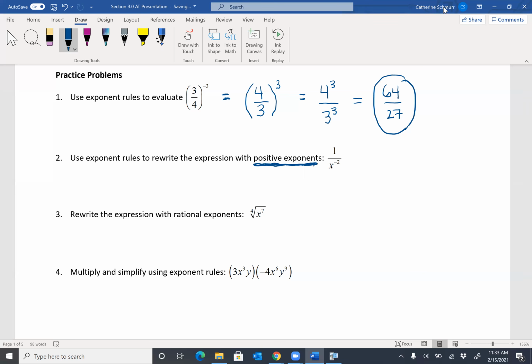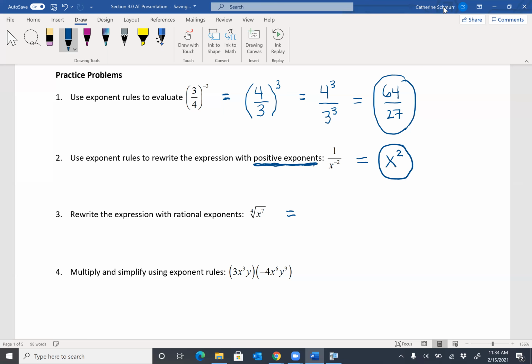I'm going to use the rule that says if I have 1 over x to the negative n, that is equal to x to the positive n. In this case, n is 2, so this is going to equal x squared. Now I have the 4th root of x to the 7th.